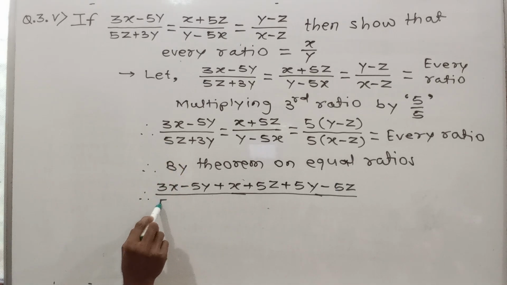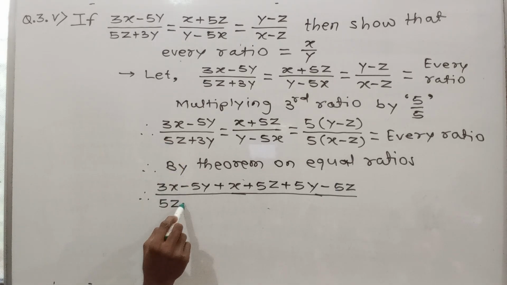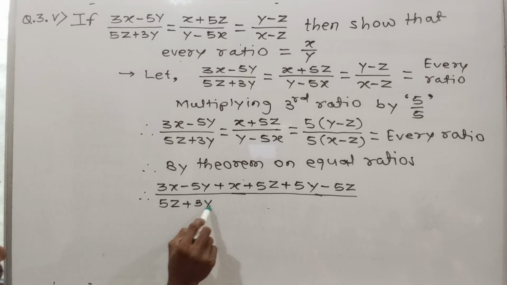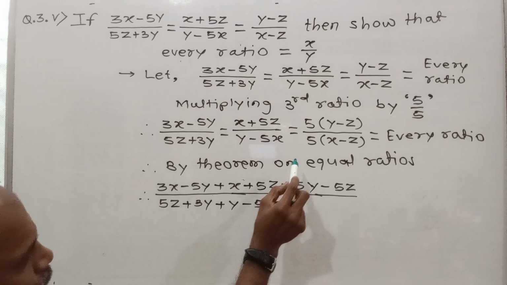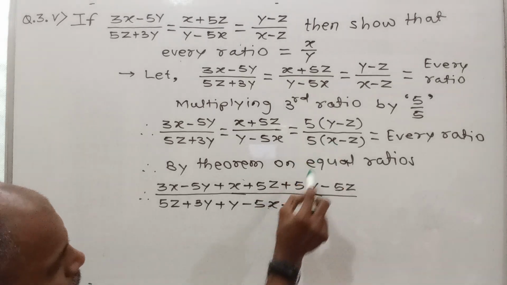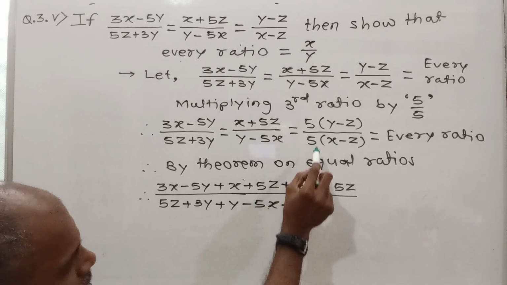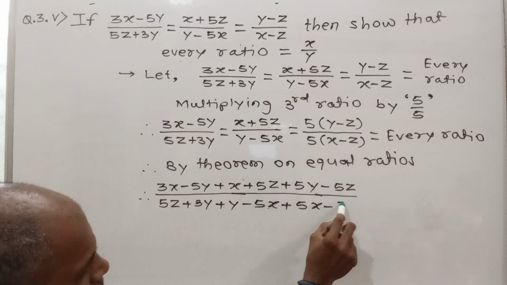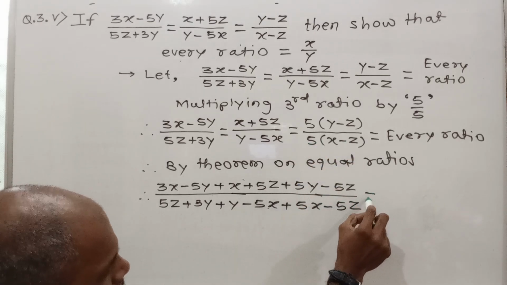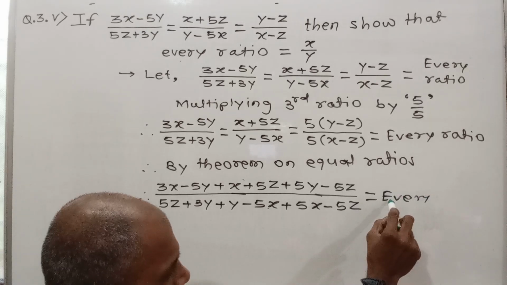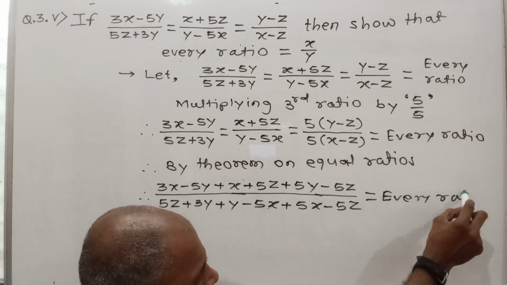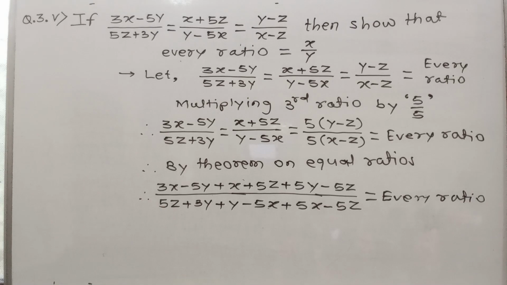Same way, denominator: 5z plus 3y plus y minus 5x plus 5x plus into minus 5z is equal to every ratio, okay.